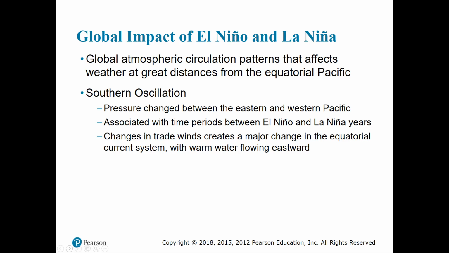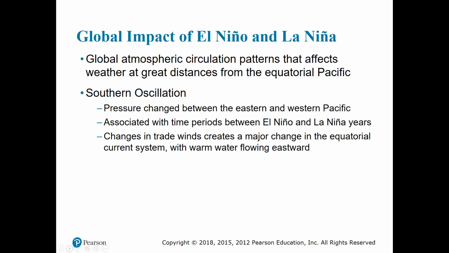In your book on page 568, there are some maps showing these climate impacts in El Nino years in the winter and summer, and then La Nina in the winter and summer. In your assignment for this chapter, you're going to look at data and determine, are we in an El Nino year or are we in a La Nina year?